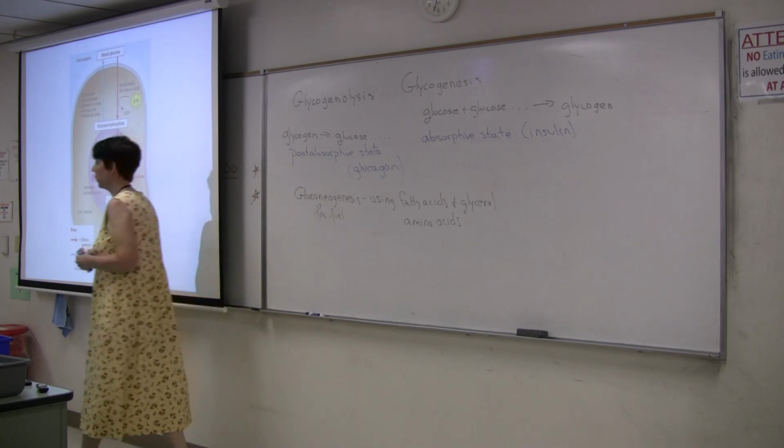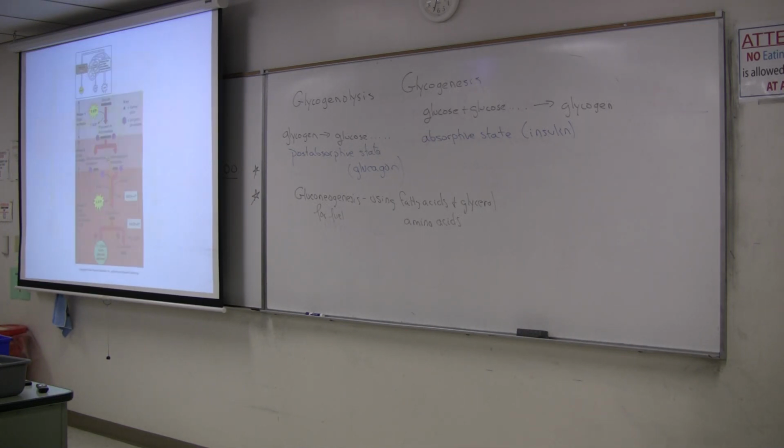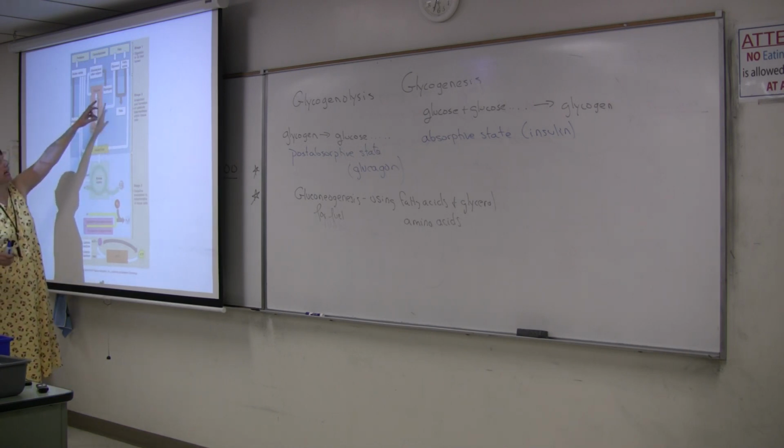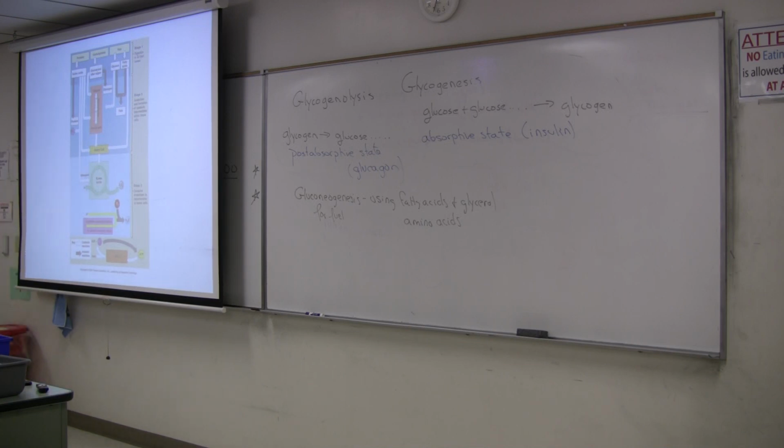We can still use our citric acid cycle. If we go back to this very first slide, all right, amino acids, well, we have lipids up here. Fatty acids can come in as acetyl-CoA. Glycerol can come in as glyceraldehyde, so into glycolysis.